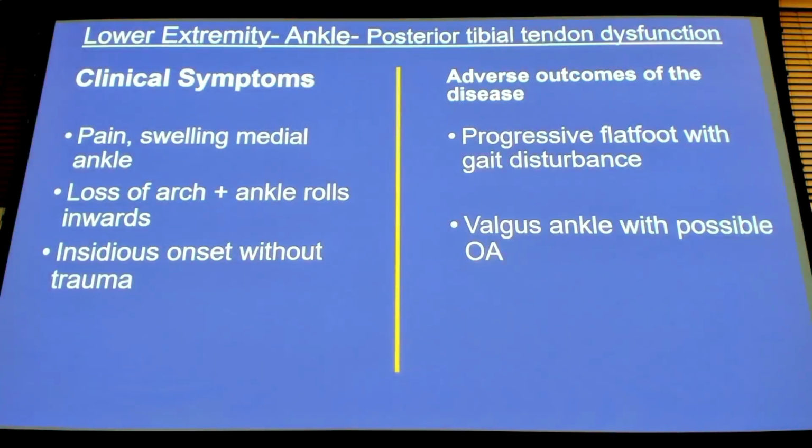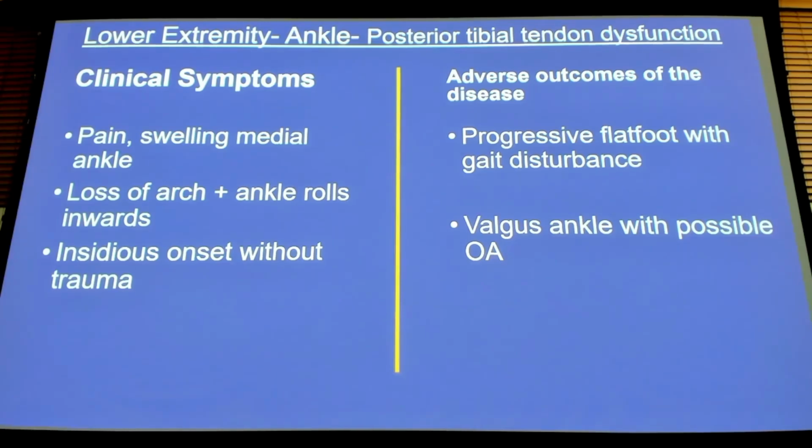Clinical symptoms are usually some pain, a little bit of swelling, loss of arch as the foot goes into plantar flexion, and sometimes a little bit of external rotation, based on the activity level of the patient.